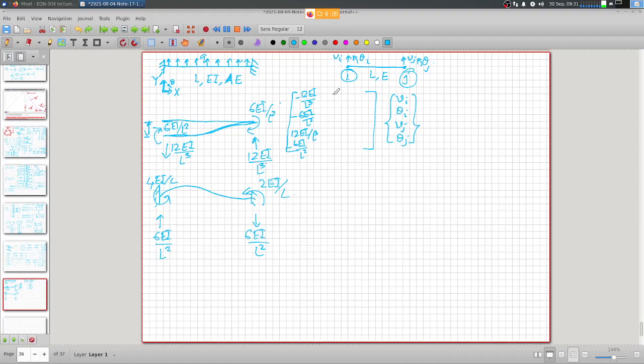And similarly for unit rotation at theta I and all other degrees of freedom restrained to zero, you get these forces. So these are the relations that you probably recall from slope deflection equations.